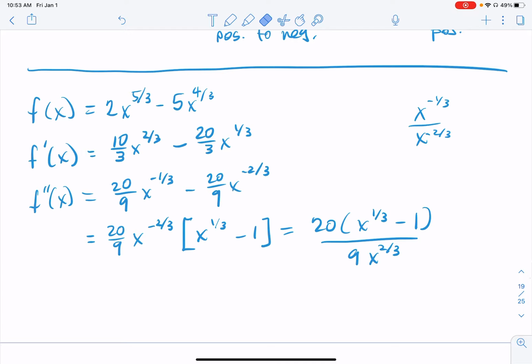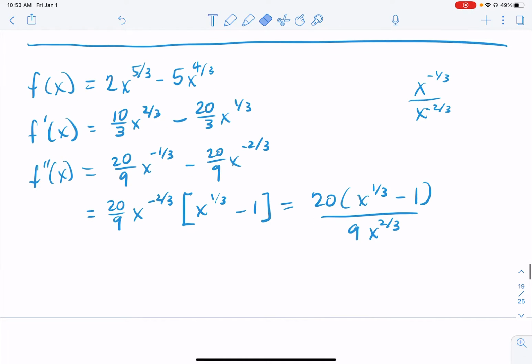We want our possible points of inflection where this second derivative is possibly equal to 0 or undefined. Is it possible that this thing is undefined? Sure is, because with that negative exponent, we have x to the 2/3 down on the bottom.